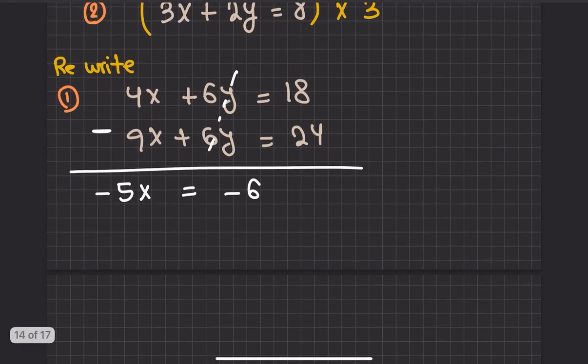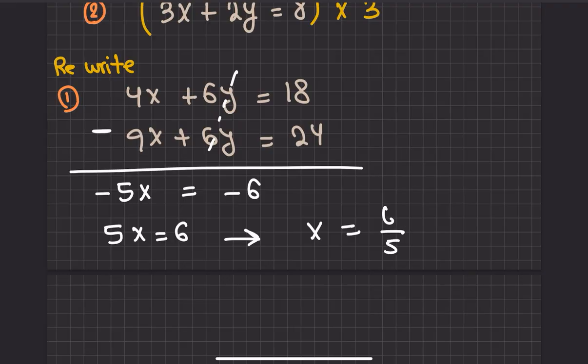I can see both sides are negative, so I'm going to divide both of them by negative 1 to end up with a positive number. So it's going to be 5x equals 6. And then in order to find x, I'm going to divide both sides by 5. So x equals 6 divided by 5. This is what I have here.